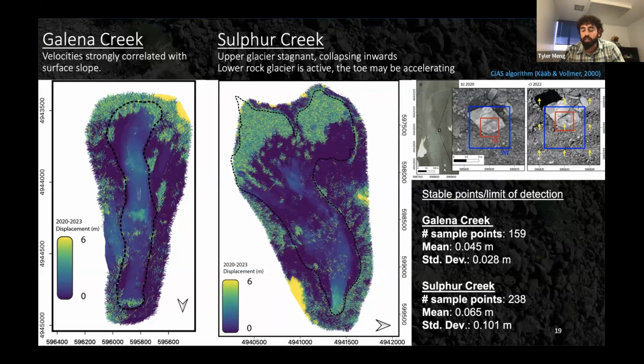But overall, our baseline uncertainty of 5 centimeters is excellent for measuring even these displacements, which we've seen up to about 1.5 meters per year when you divide the displacements by the travel times.